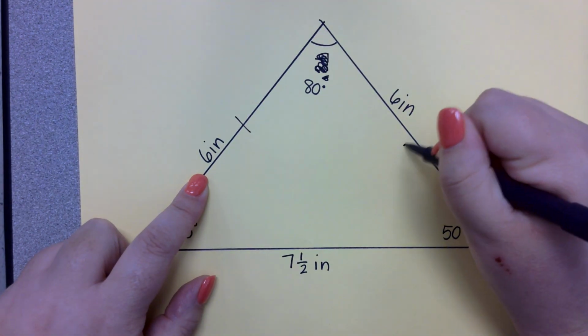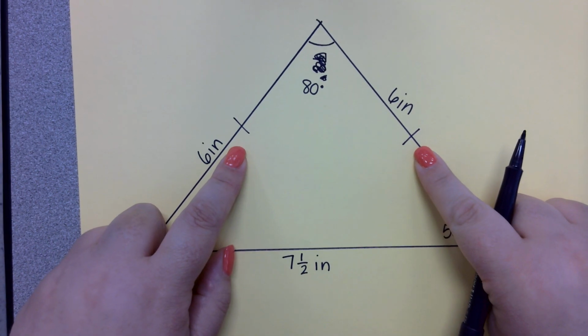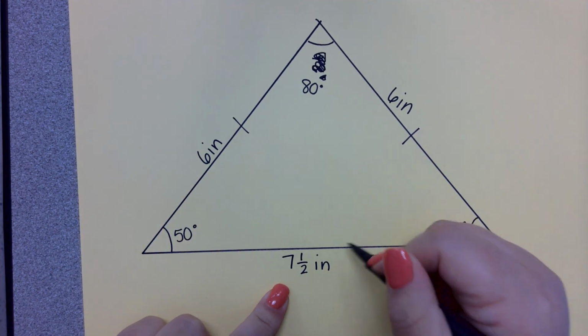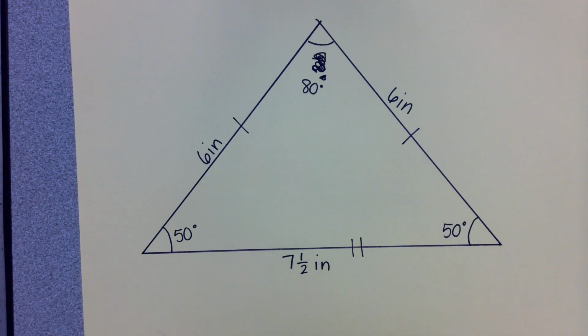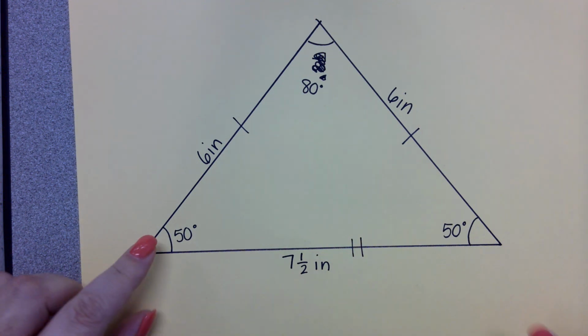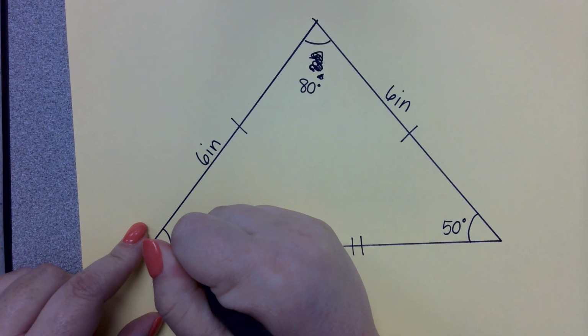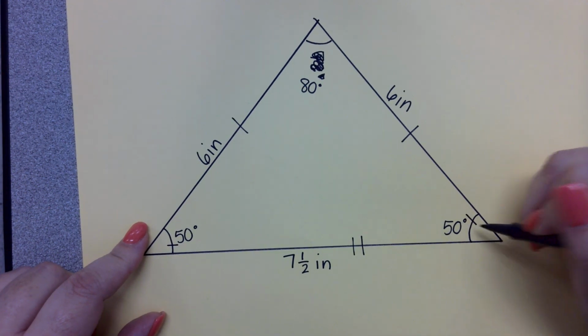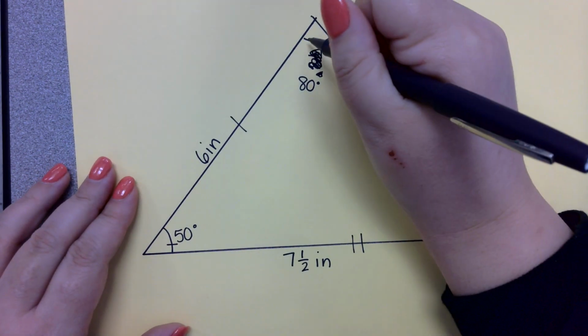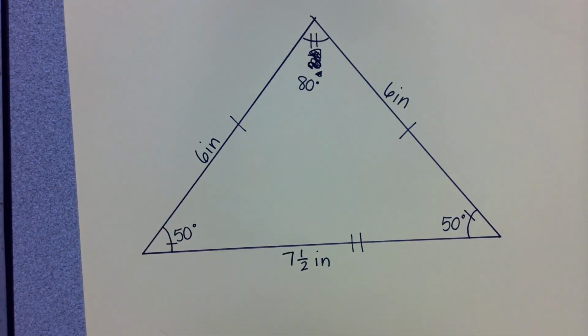So I'm going to put a mark right here. That tells me that they're equal. And this side is 7.5 inches. So I'm going to put the 2 lines right there. And then I look right here, and I have 2 angles that are 50 degrees. So I'm going to put a mark here like this to show that they're equal. And then I have 80 degrees right here.